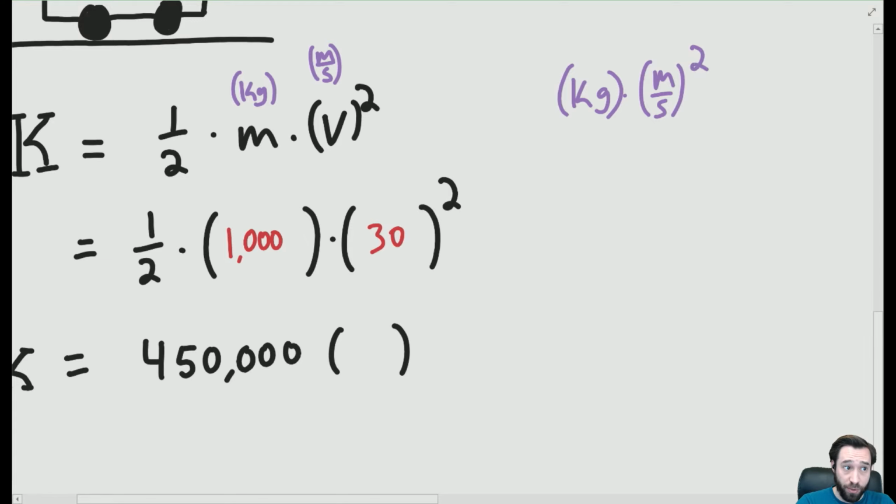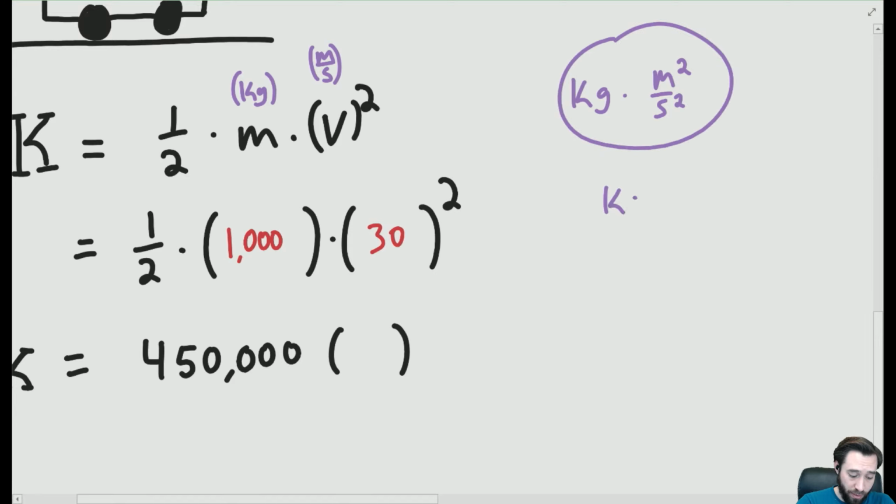That's why I would put a square right here. Now, this is a little weird to look at, so I'm going to distribute the square to both the top and the bottom, because that's the same thing. So I would have meters squared over seconds squared. And then when I combine this, I get kilograms times meter squared over seconds squared.